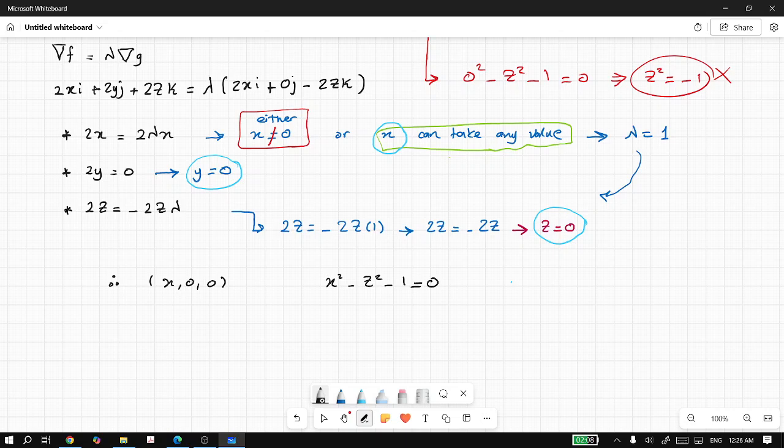But we know that z is equal to 0, so we get x squared is equal to 1, because z squared becomes 0 and we take 1 to the other side. From here we get that x is equal to positive or negative 1. So the points that are on the cylinder and closest to the origin are 1, 0, 0 and negative 1, 0, 0.